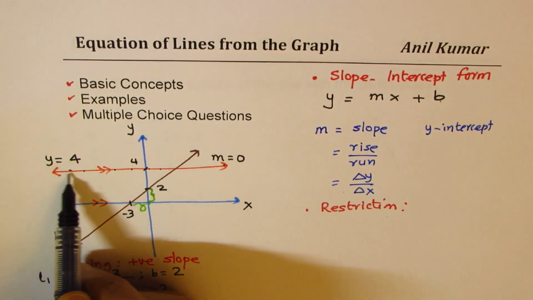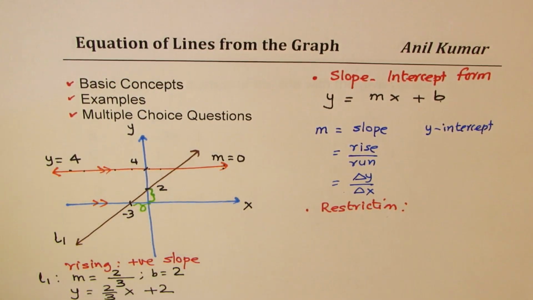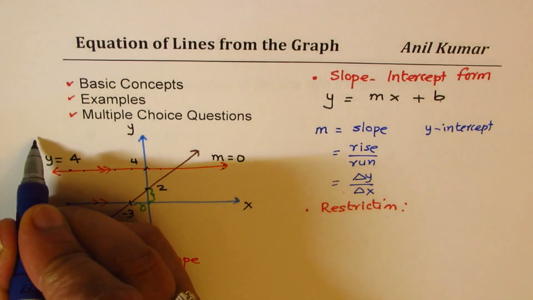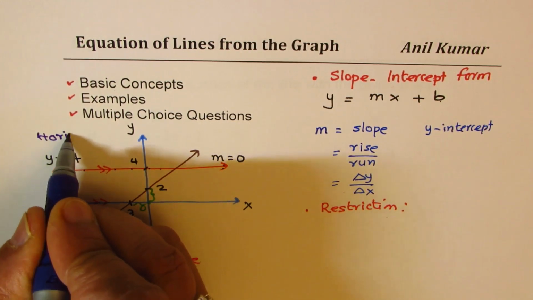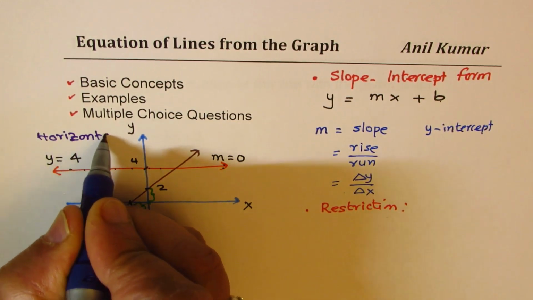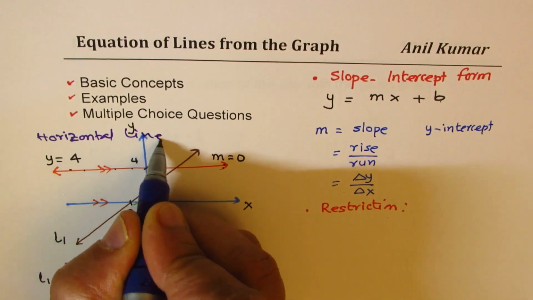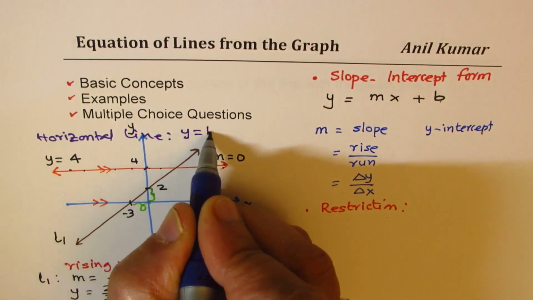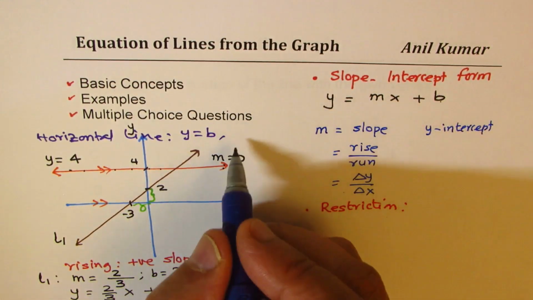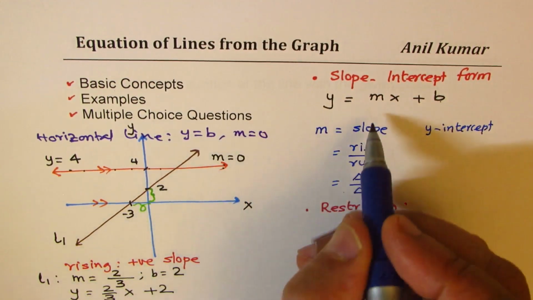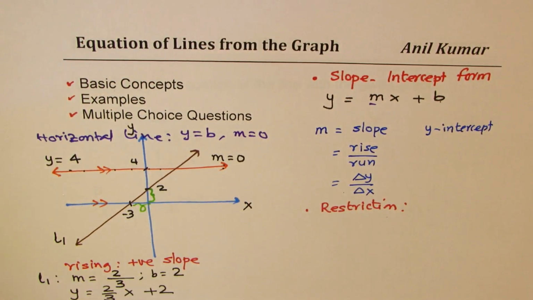So y equals 4 becomes the equation of this line. Is that clear? So for a horizontal line, the equation is y equals b since m equals 0.